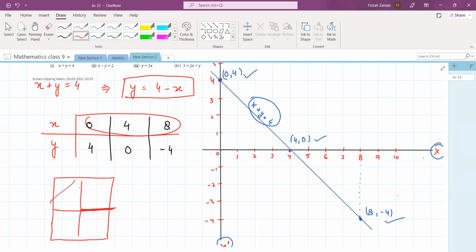That means all this space is wasted, isn't it? You are not going to have any point on the left side. Now y values are fine, like you are having positive values also, you are having negative values also. So this axis you can draw in the middle, that is okay, right?